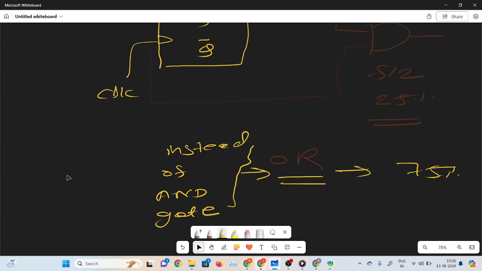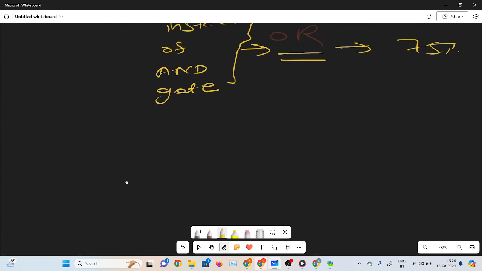By the help of the waveform, you can draw easily. This is very easy. Right now I'm only writing the circuit. I think you can make it easily.